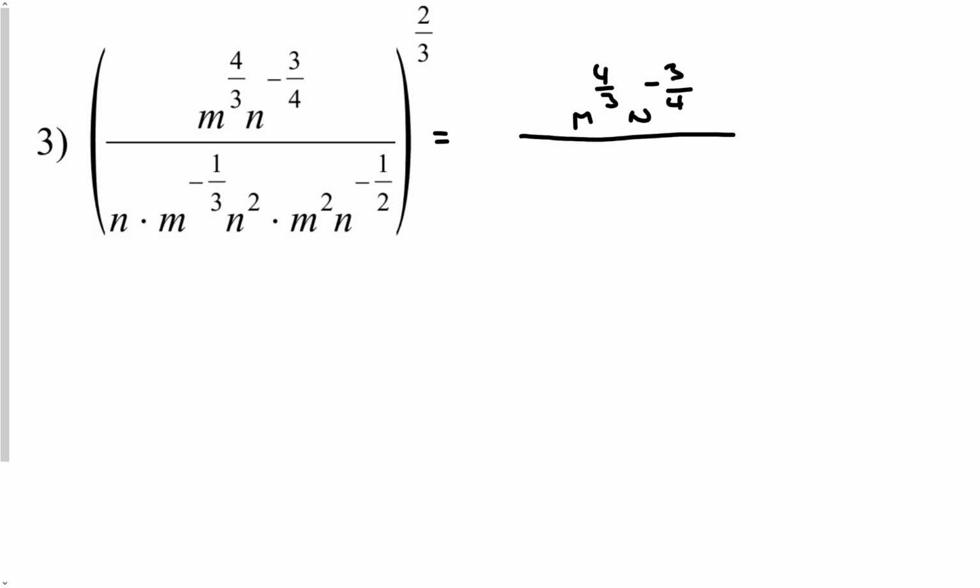First, I have an n to the first power. I have an n squared. Put those together, that's n to the third. And I have an n to the negative 1/2. So 3 minus a half gives me 2.5 or 5/2. So that's n to the 5/2 power.